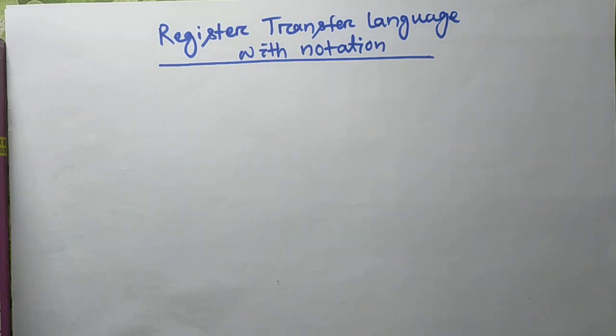Actually, register transfer language is the symbolic representation of notations which is used to specify the sequence of micro operations. That means whenever we consider different micro operations through register transfer language, we use standard notations.